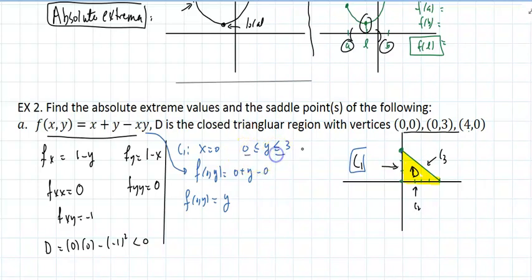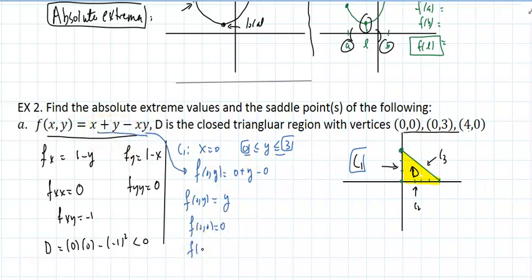If y is running between 0 and 3, I don't need calculus for that. I know that if this is running up and down, then y equals 0 and y equals 3 would be an actual maximum or minimum. So I know f of 0, 0 is actually 0.